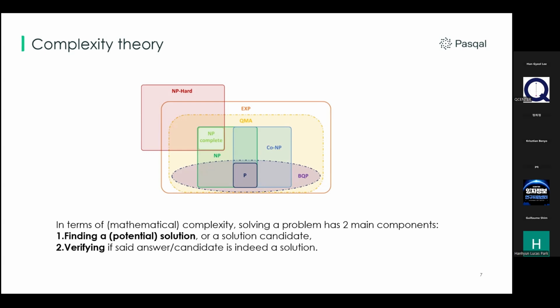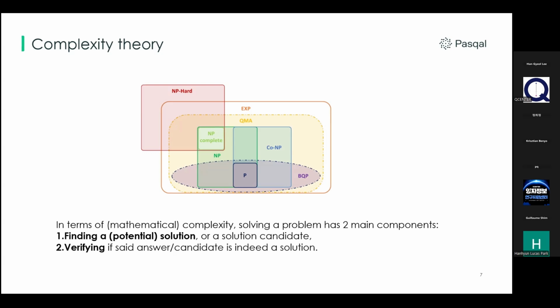People have already started introducing in recent years mathematical definitions to classify problems for quantum computers and how difficult it is to solve problems for quantum computers, not just for classical computers. It's still a developing and evolving field of mathematics.